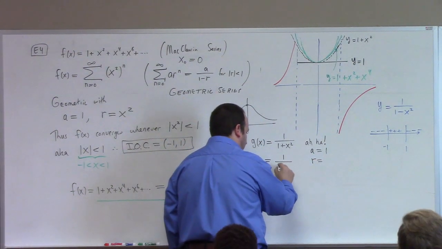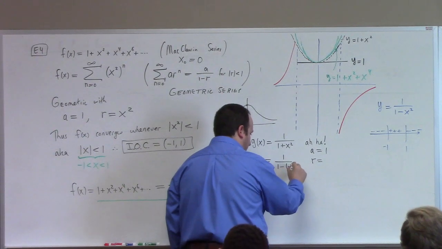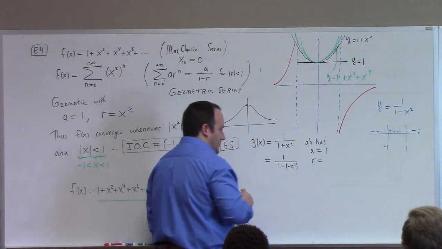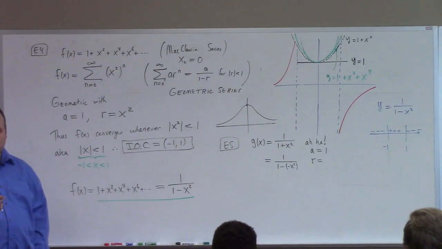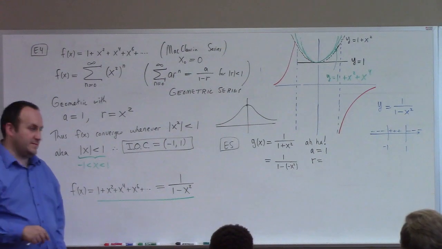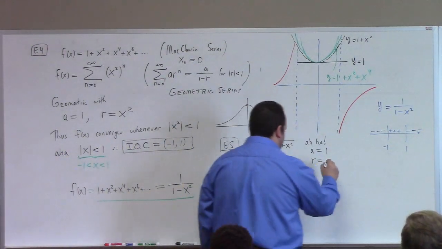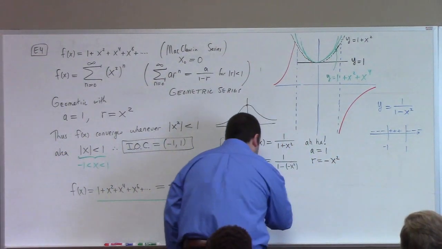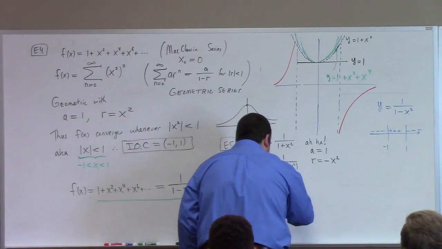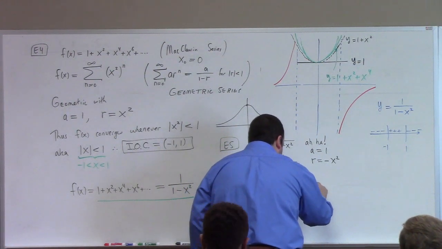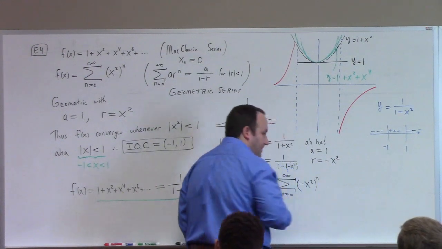This is 1 over 1 minus negative x squared, right? Then it has the right form. It's in the form A over 1 minus R. So I use the geometric series result if I put R equal to minus x squared, right? So this is equal to the sum, n equals 0 to infinity, of minus x squared to the power n.